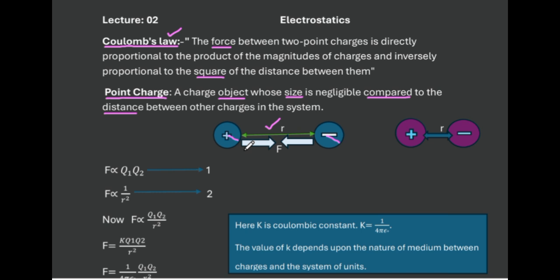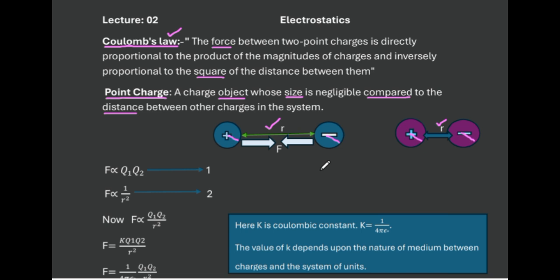And in this case, the size of this charge or this charge is larger as compared to the distance between them, and the distance between them is very small, so these are not point charges. Coulomb's law is applicable only for point charges which are stationary.